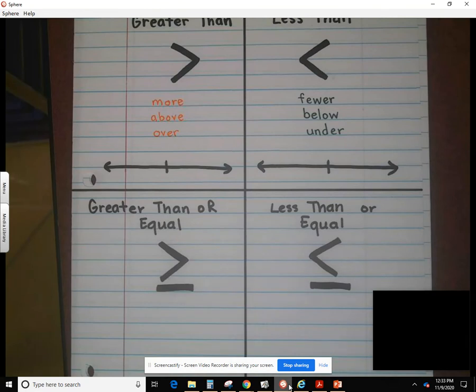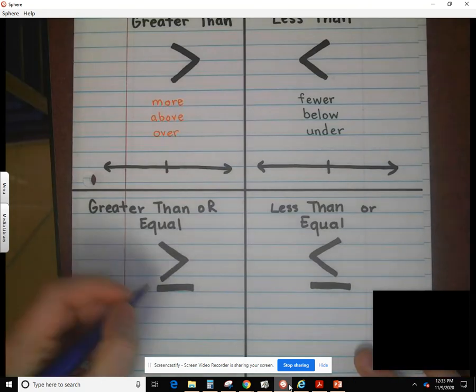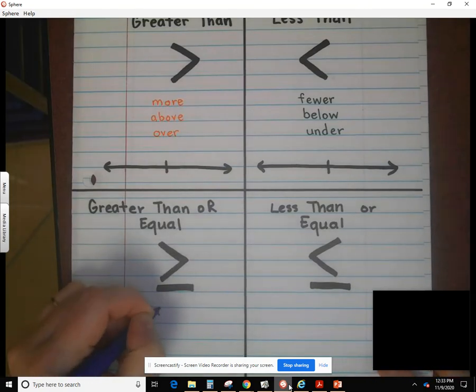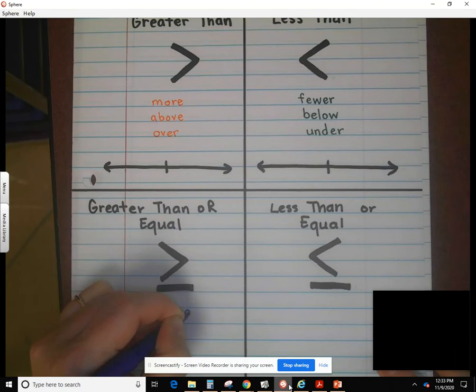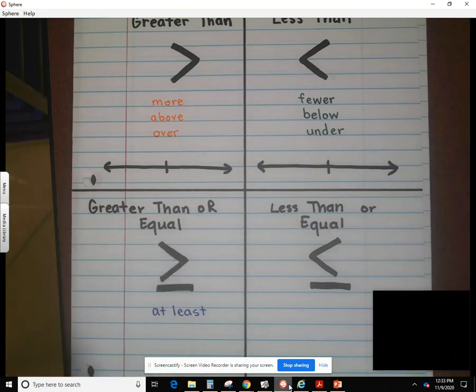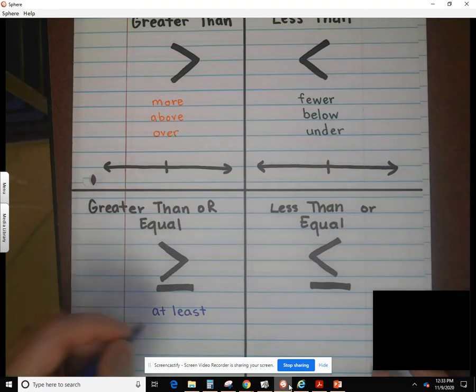For greater than or equal to and less than or equal to, they're a little bit trickier. So for greater than or equal to, one thing you might see is at least. Least to some of us might make us think less than, but if you have to be at least 18 to go to an R-rated movie, that means you have to be 18 or older. So that's greater than or equal to.